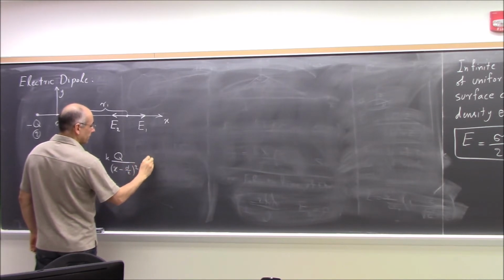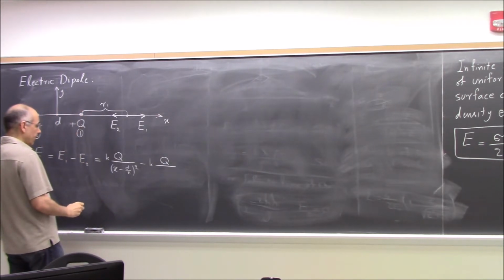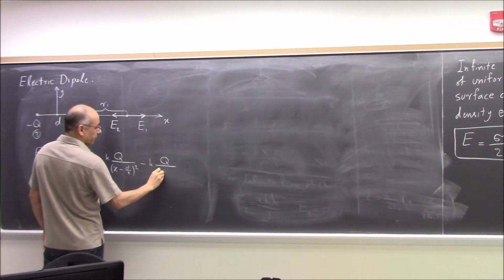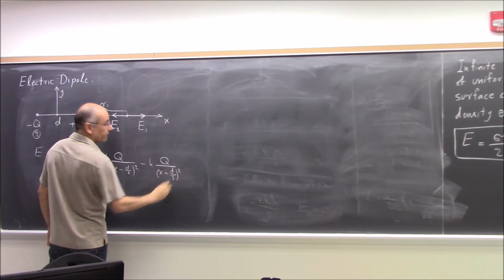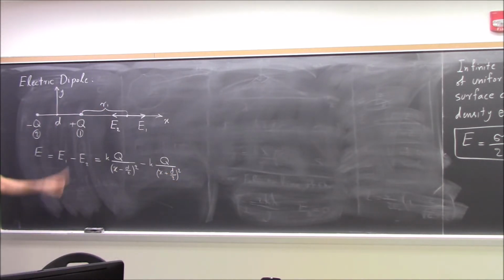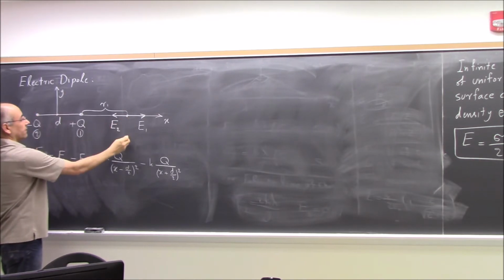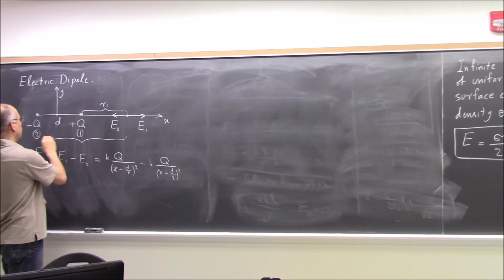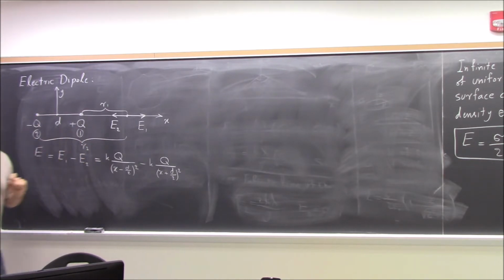The other one is kq, absolute value, divided by x plus d over 2 squared. Right? From here to here is x. The distance R2 is x plus d over 2.